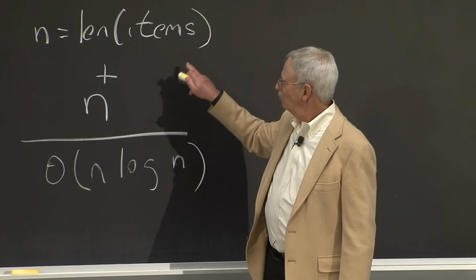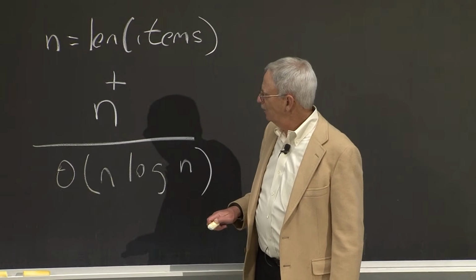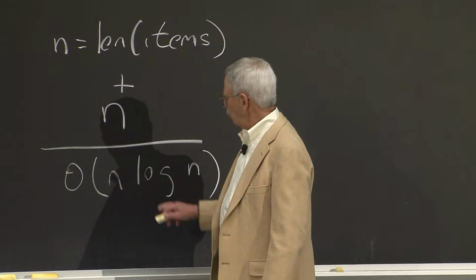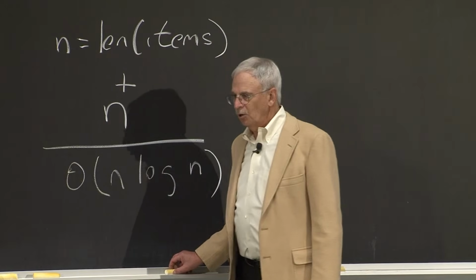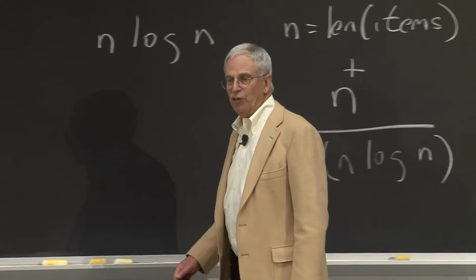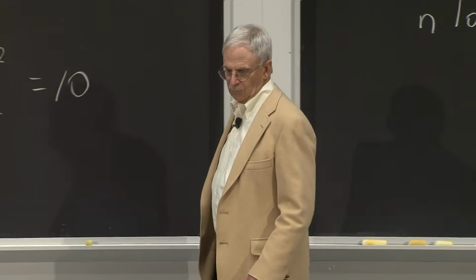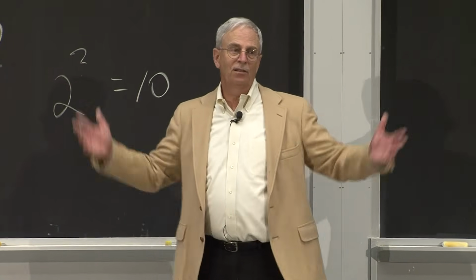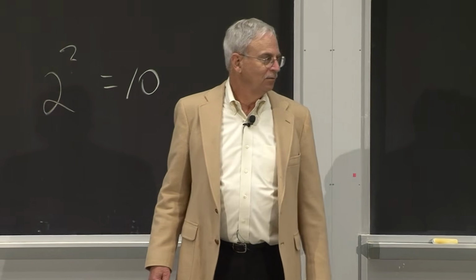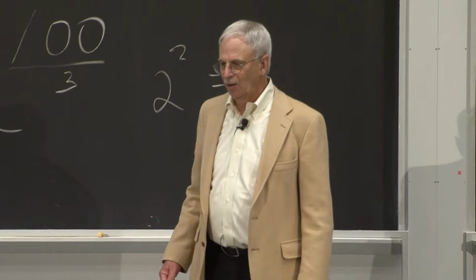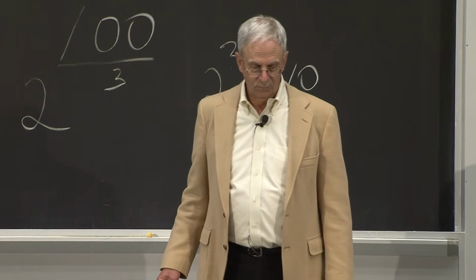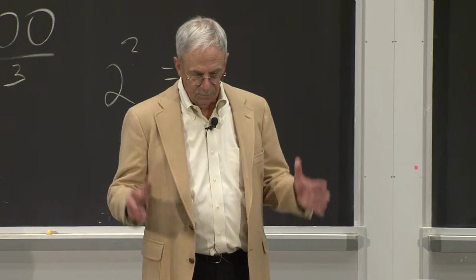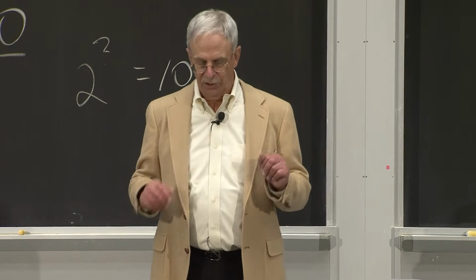N log n plus n, I guess, is order n log n, right? So it's pretty efficient. And we can do this for big numbers, like 1,000,000. Right? Log of 1,000,000 times 1,000,000 is not a very big number. So it's very efficient.